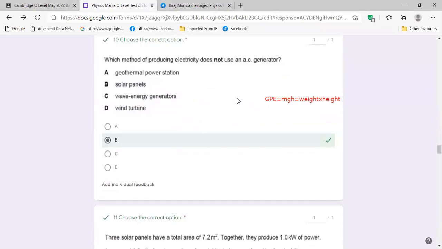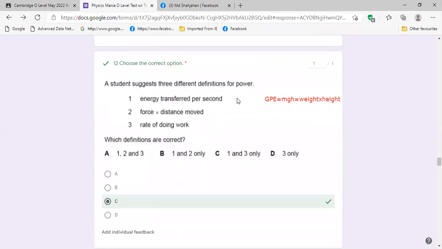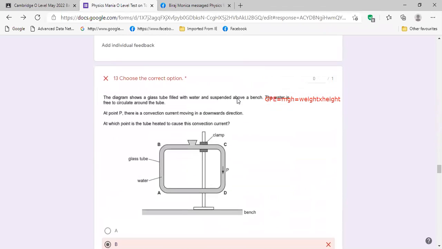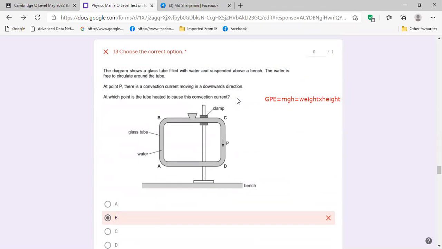Now next, 13. Yeah, it's also related to convection. Can you please read 13? The diagram shows a glass tube filled with water and suspended above a bench.